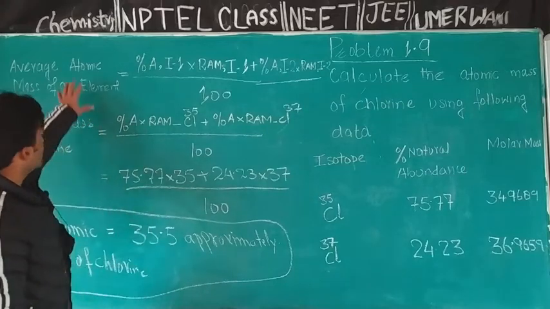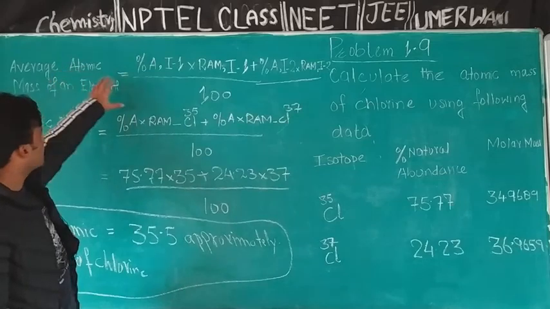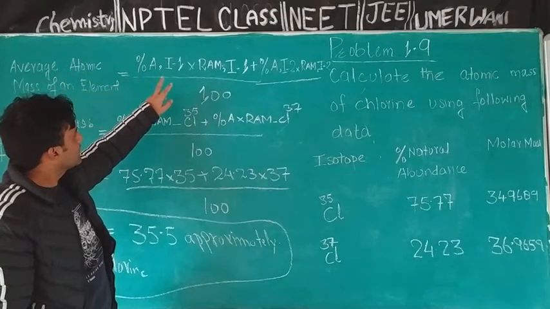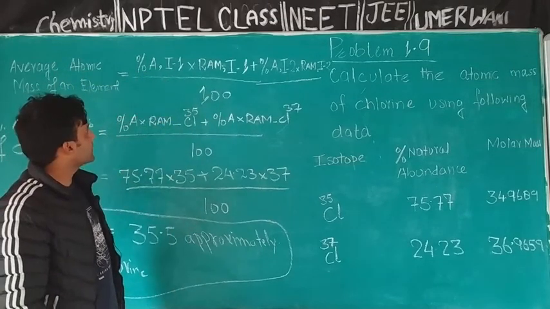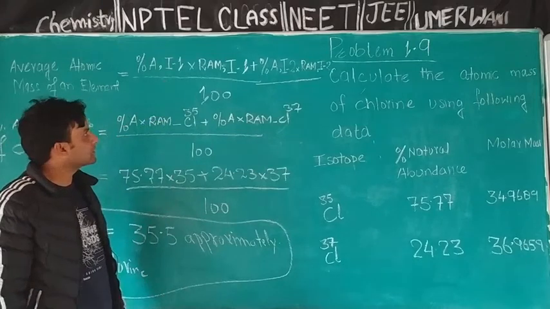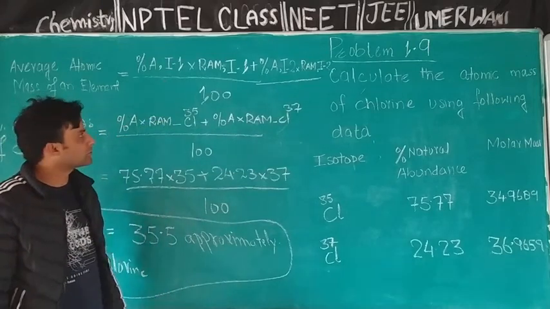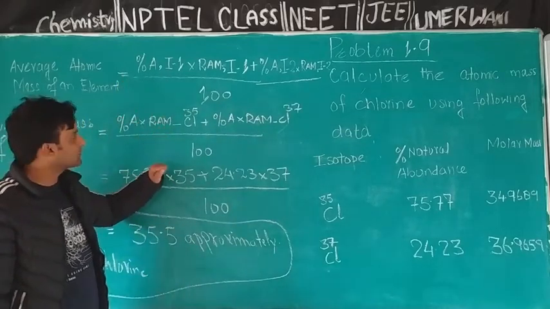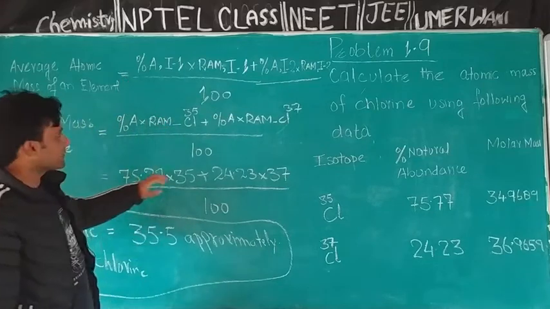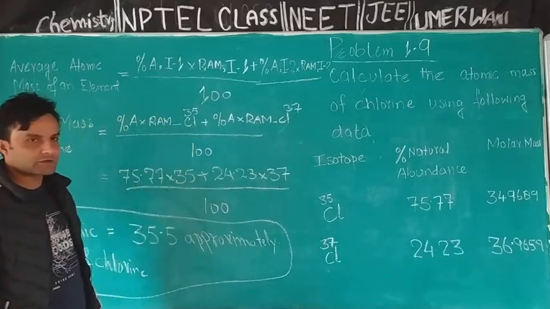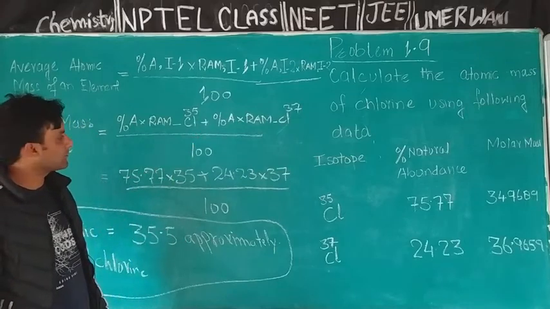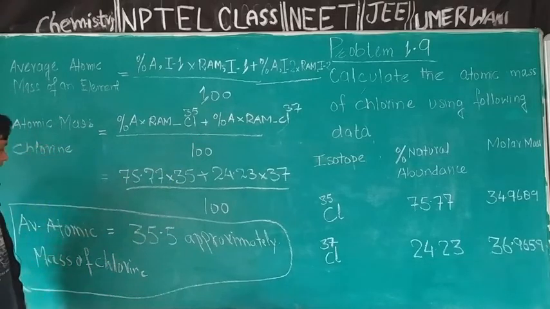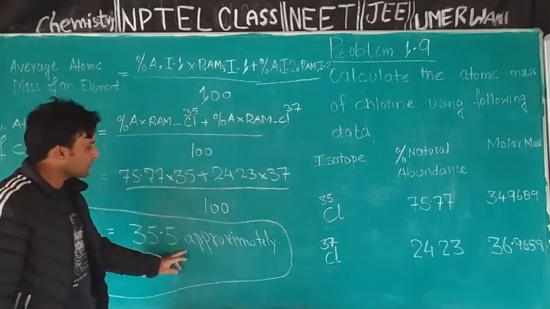The average atomic mass is the summation of the products of percentage abundance and relative atomic mass of all its isotopes divided by 100. If fractional abundance is given instead, it is the summation of the products of fractional abundance and relative atomic mass. For chlorine, using this formula, I got an average atomic mass of approximately 35.5.